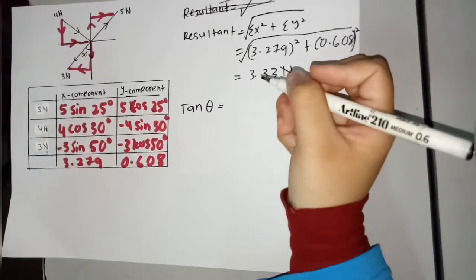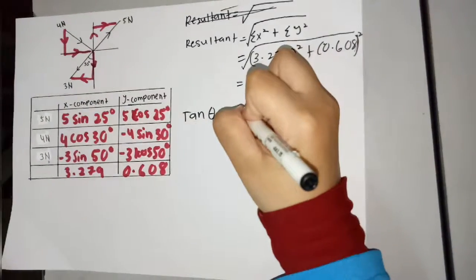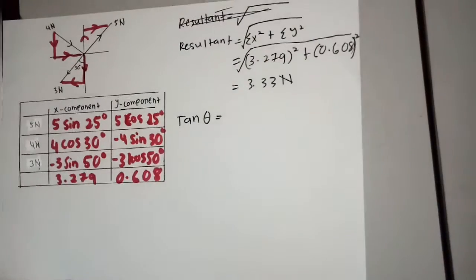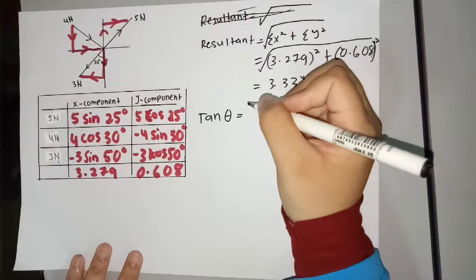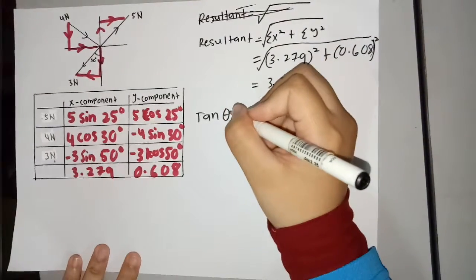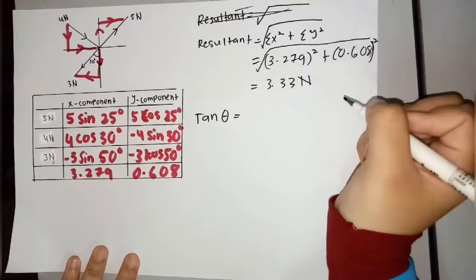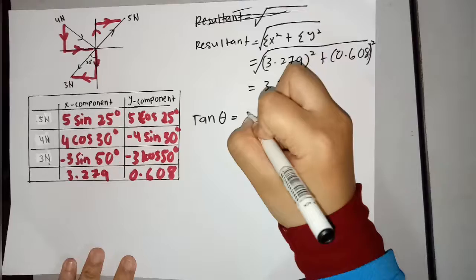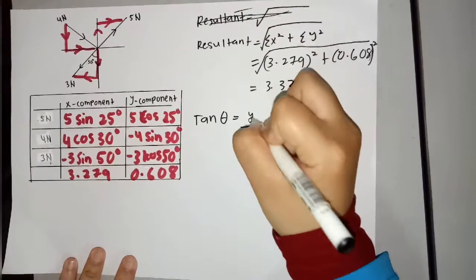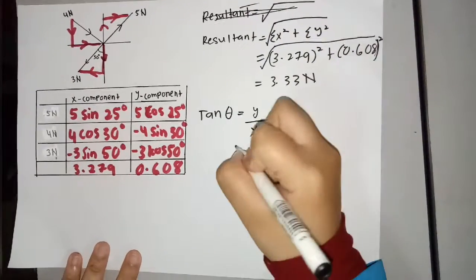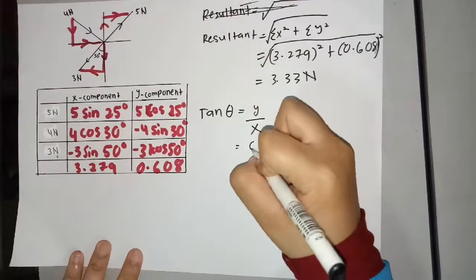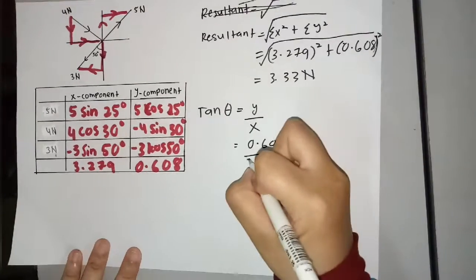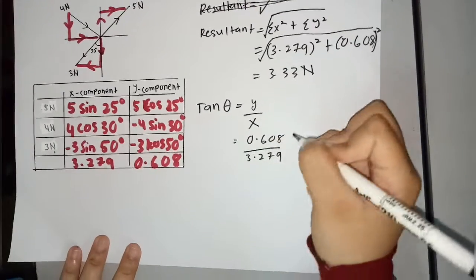Okay, next we need to find tan theta, the direction. So the direction is tan theta equal to the total of y component over x component. So y component is 0.608 over x component 3.279.